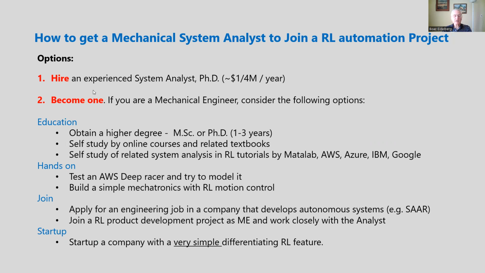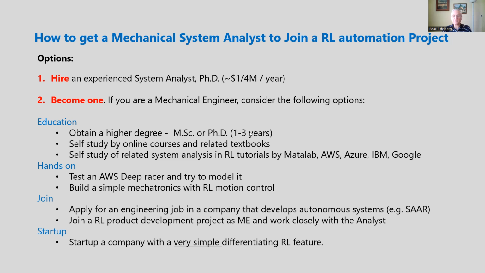The other option, which we like to encourage, is to become one. And then if you are a mechanical engineer, you may consider the following options: education, hands-on experience, joining a company or startup.